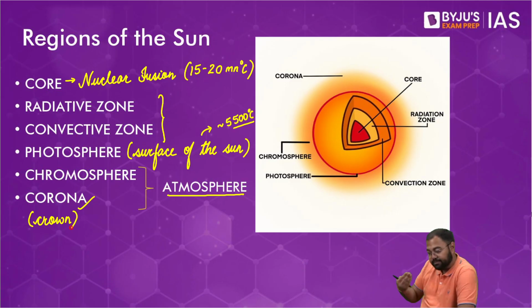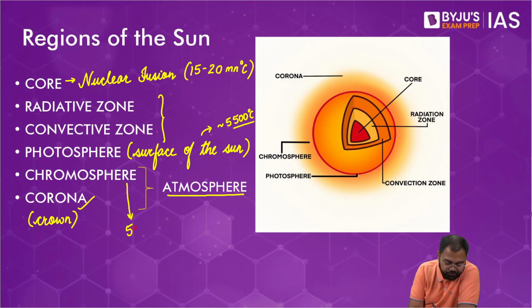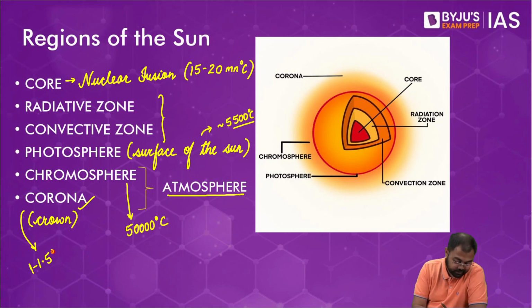So as we come towards the atmosphere of the sun, then in that case what happens? Temperature should have decreased further, but something opposite happens. What we see is that chromosphere has a temperature of up to 50,000 degrees Celsius, and corona could have a temperature of up to 1 to 1.5 million degrees Celsius.